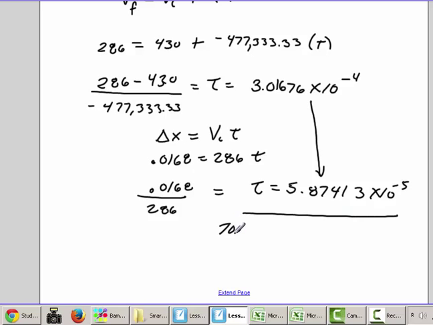So total time equals, I'll grab those values there, plus. Make sure I got that right. I'll do it one more time.